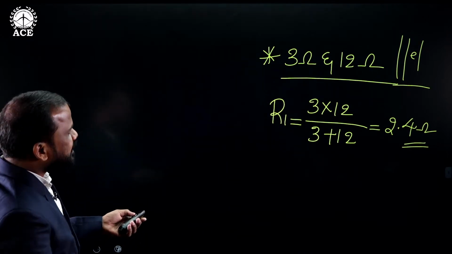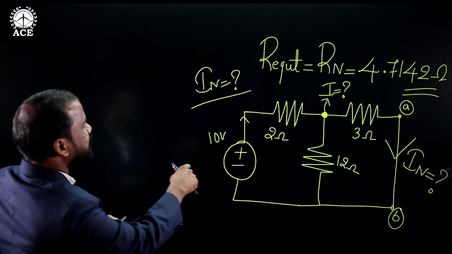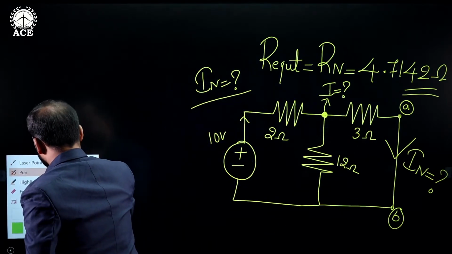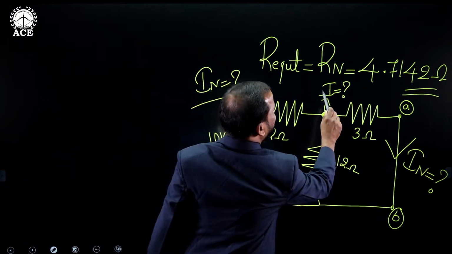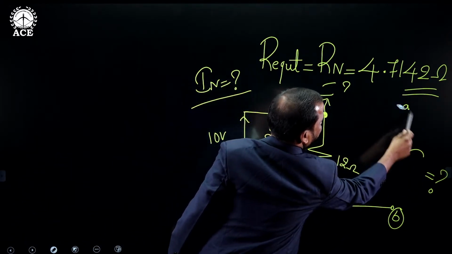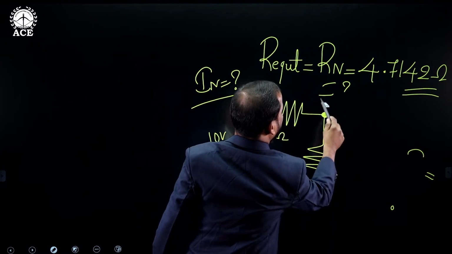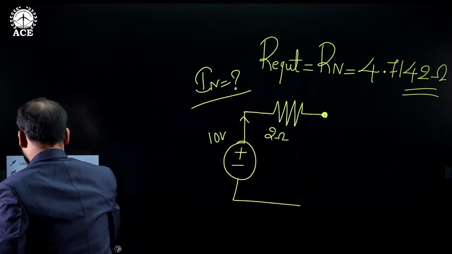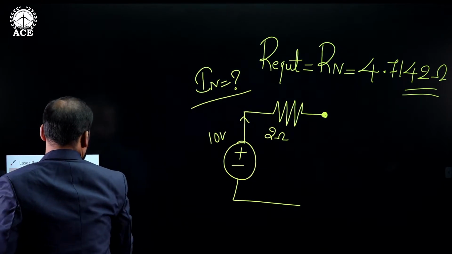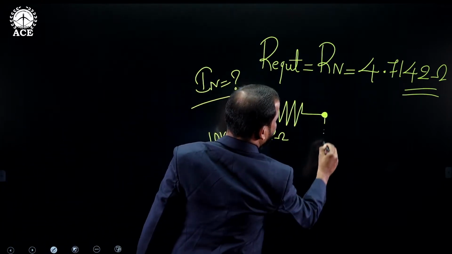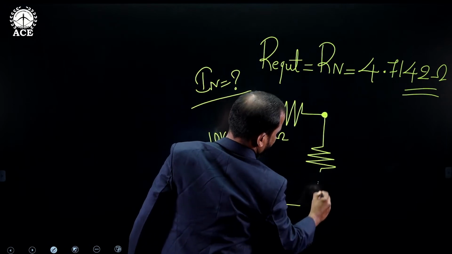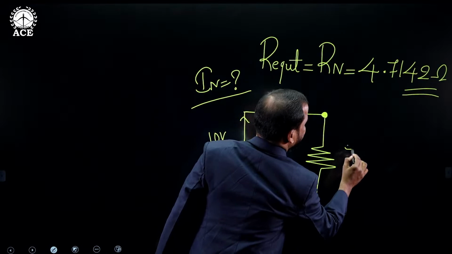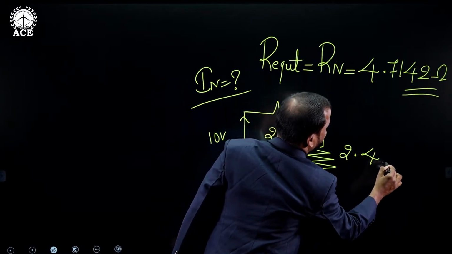Now what I need to do is replace the parallel combination with this value. I am replacing it here only, because it will take more time to redraw the network. So I am replacing this value with 2.4 ohms.